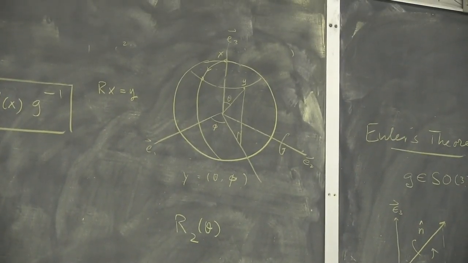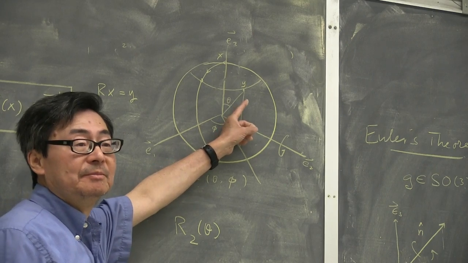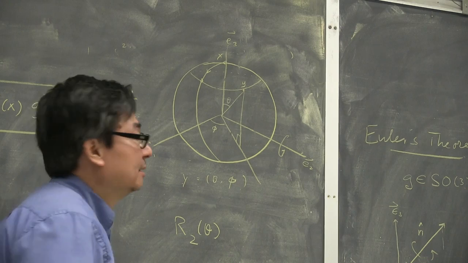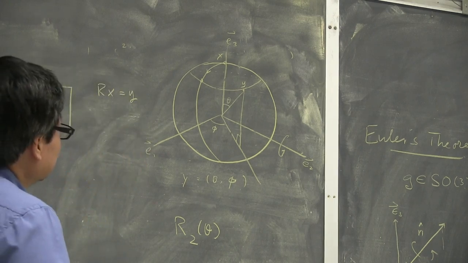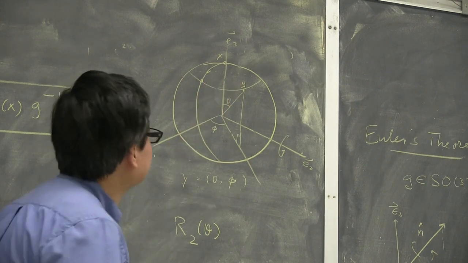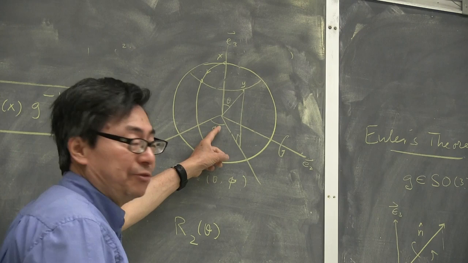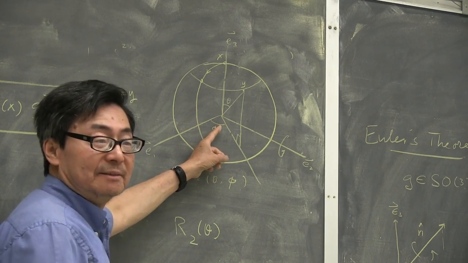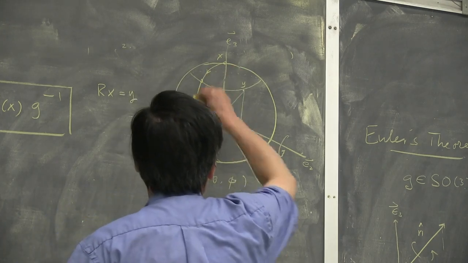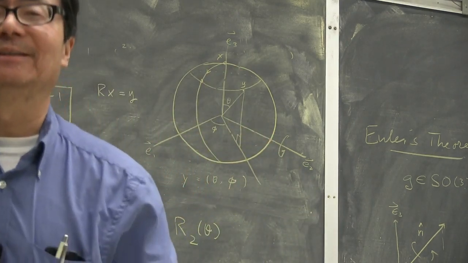Now, how then would you go to Y? You move along the latitude circle, right? Which means moving along the latitude circle, which means rotating about the third axis. By how much? Precisely by the angle phi. Oh, by the way, this longitude circle is the one corresponding to phi equal to 0, let's say.